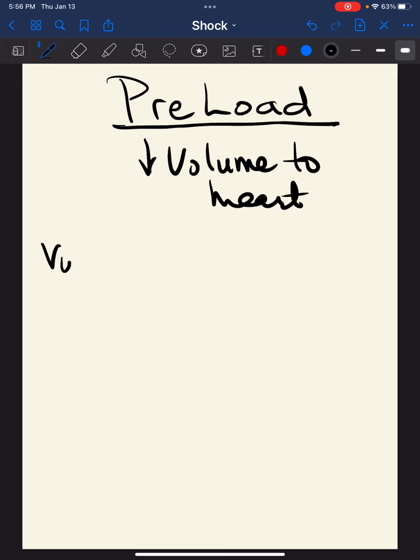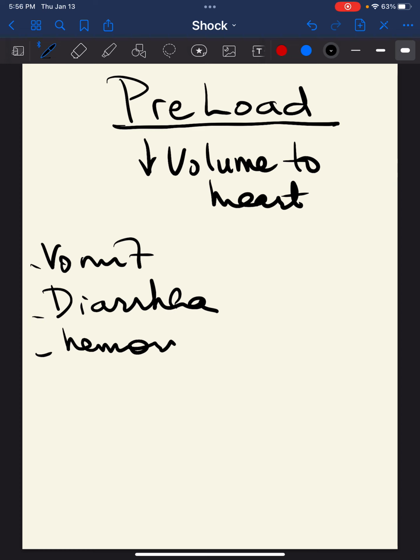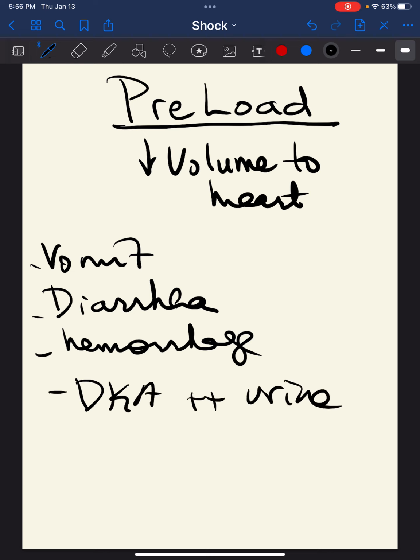So vomiting, diarrhea, hemorrhage, right? And then DKA, where you have plus urine, you often have plus vomiting, and the patient becomes dehydrated.